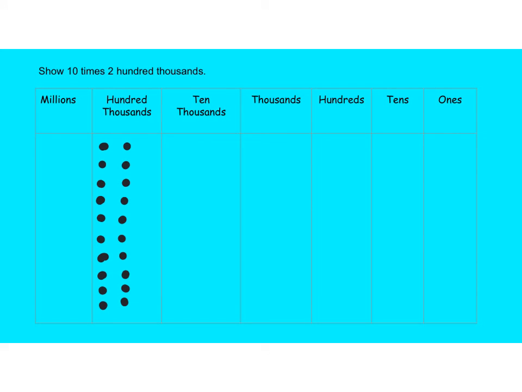We multiplied the 200,000 by 10, so we get 20 hundred thousands, and now we need to regroup. We would take these 10 and regroup to make 1 million. And if we regroup these 10, it would make another million. So we can say that 20 hundred thousands is equal to 2 million.